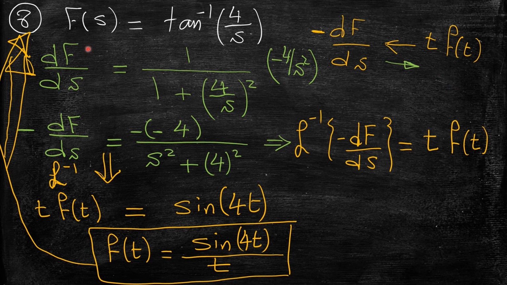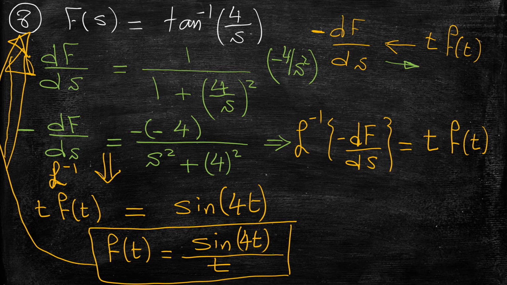So you derive this F of s with respect to s, and then this function is derived easily. After this derivative is done, we can claim that this derivative has a Laplace inverse, which is t multiplied by the function that was unknown until now. The other term on the right-hand side is very similar to one of the functions in the table, which is the sine. Then, using this sine divided by t, we can obtain the final result, which is our f of t.